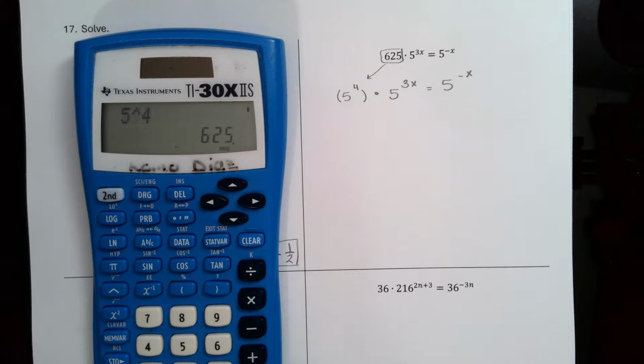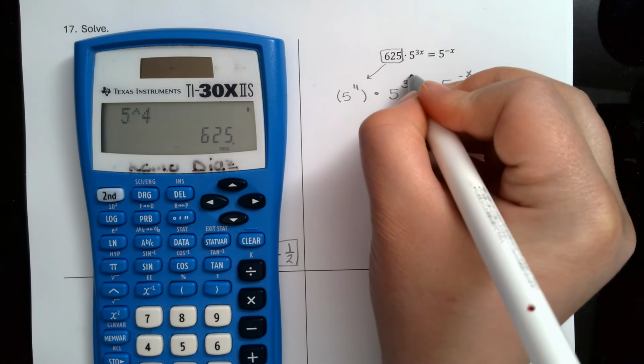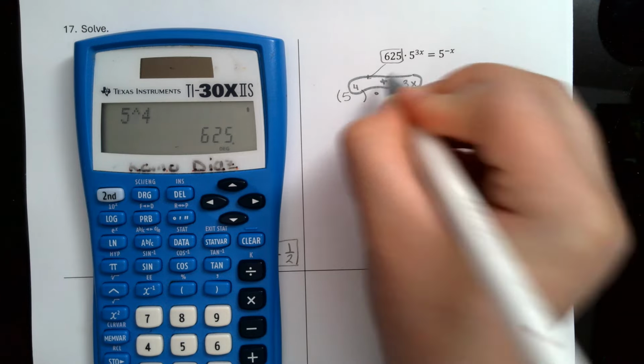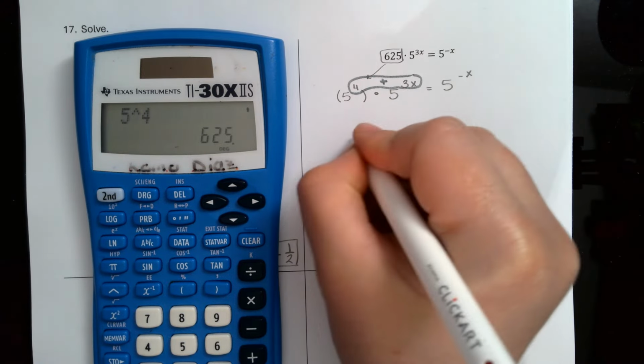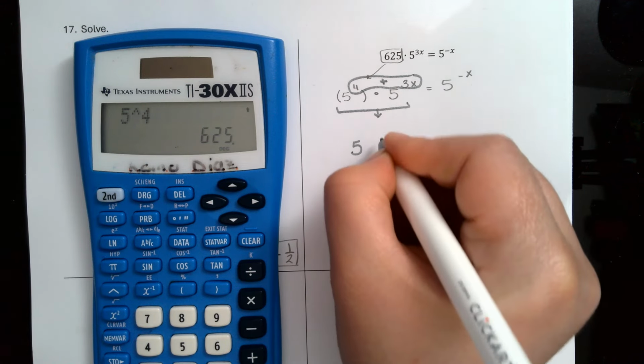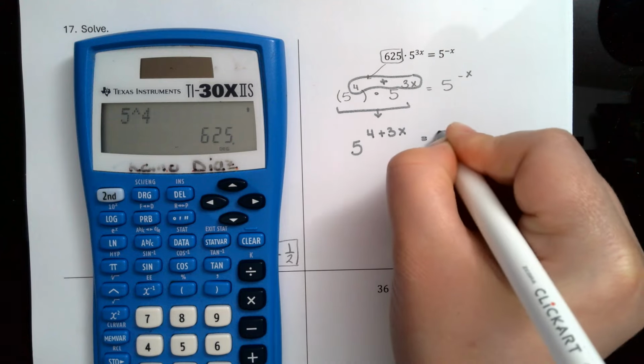This is not one-to-one. You are unable to cross out your 5s. Instead, you are going to combine by using the product property, which says that if I have two bases that are the same being multiplied, I am going to add the exponents together.